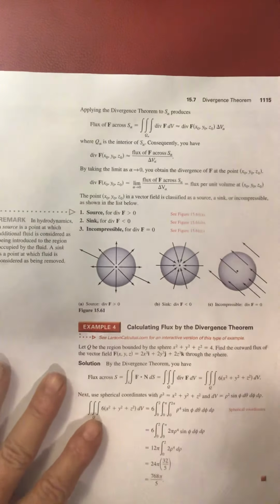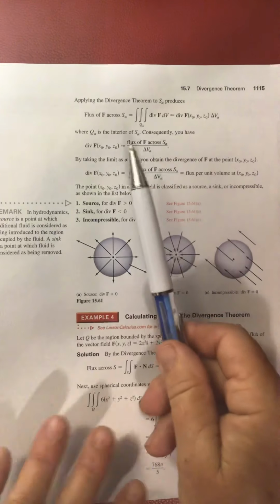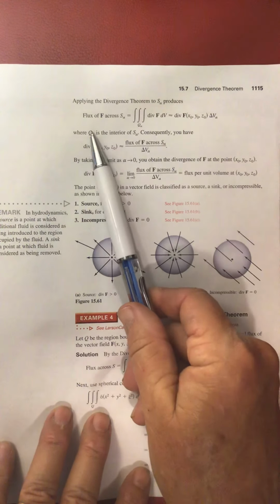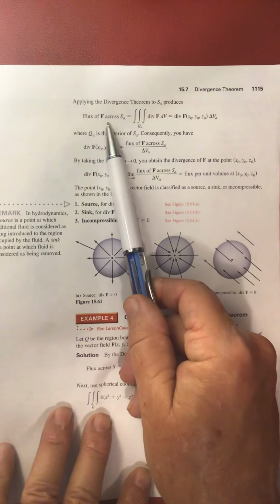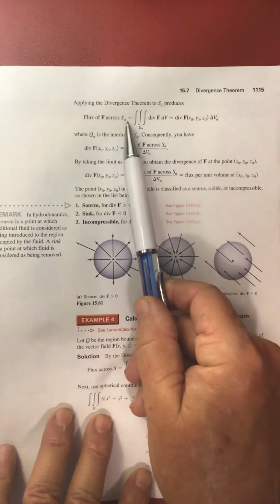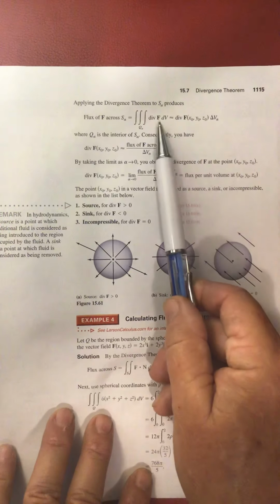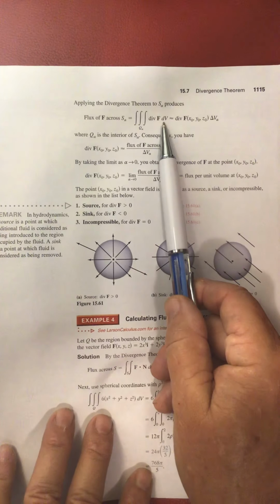The flux of the function across the surface is the integral of the divergence of the function dV.